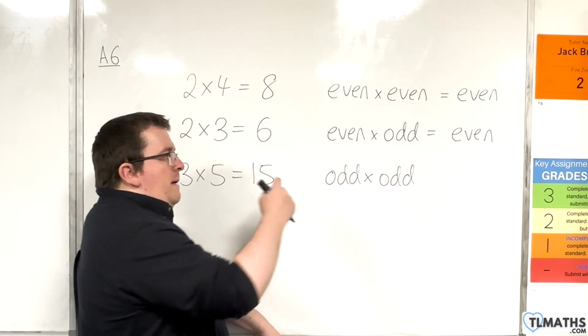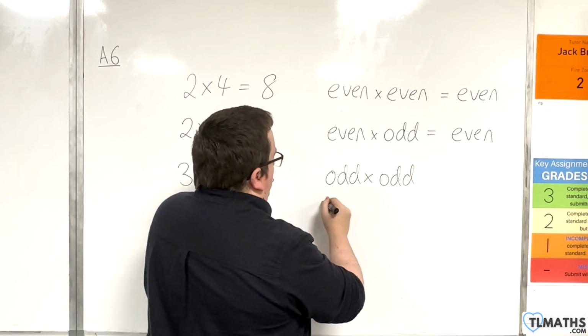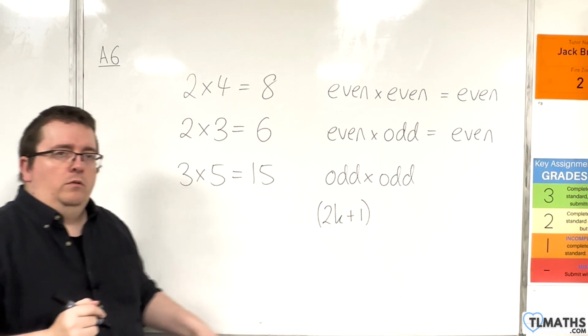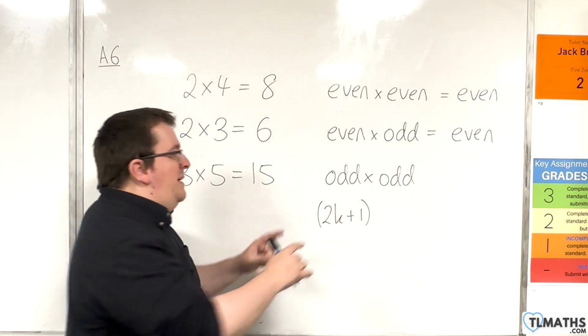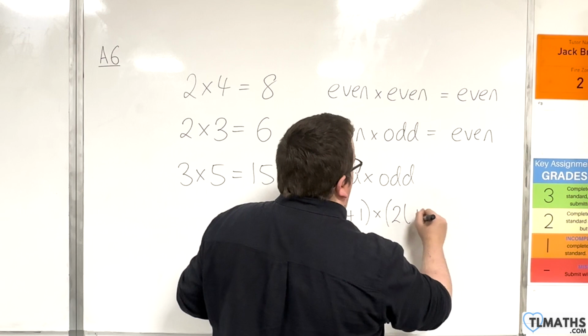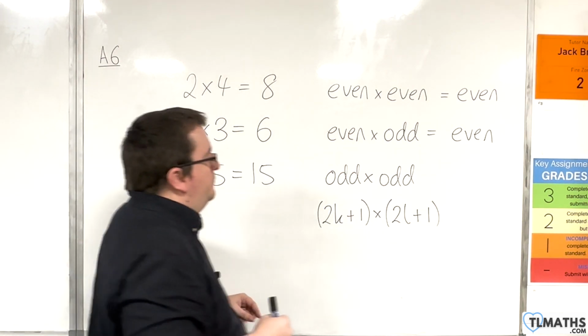So from before, remember, an odd number was 1 more than an even number. So this odd number could be written as 2k plus 1. So it's 1 more than 2k. So that means it has to be odd. And this one I could write as 2l plus 1. So it's 1 more than 2l, 1 more than an even number.